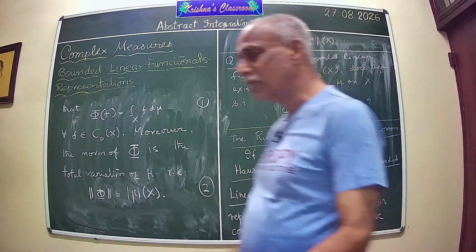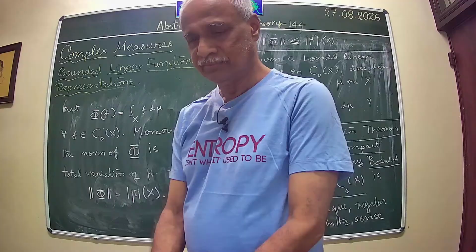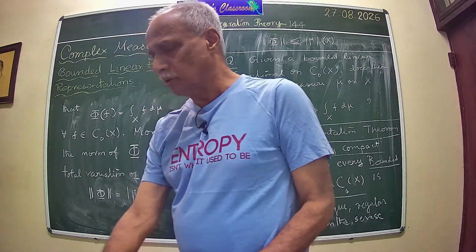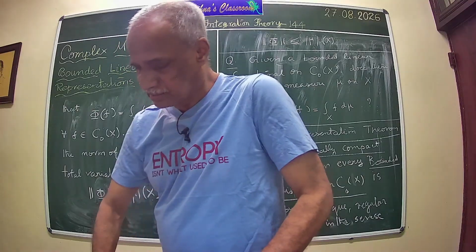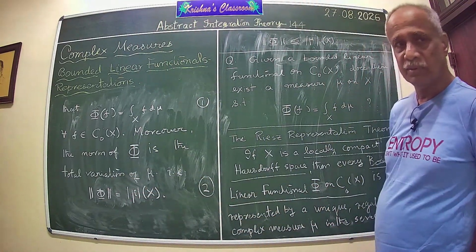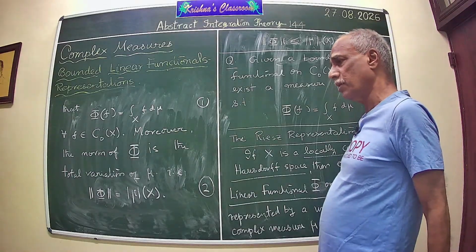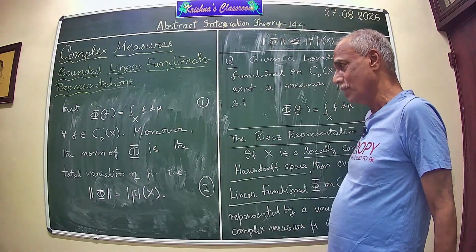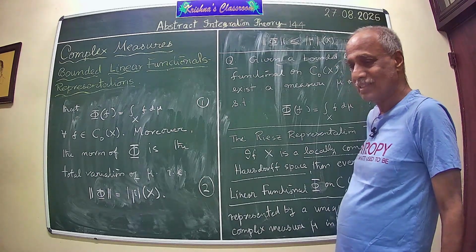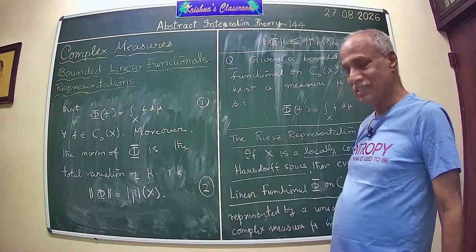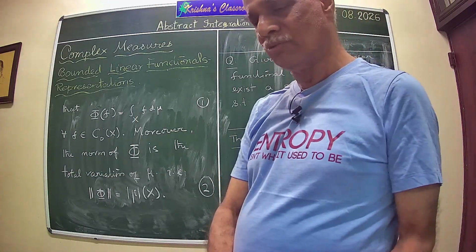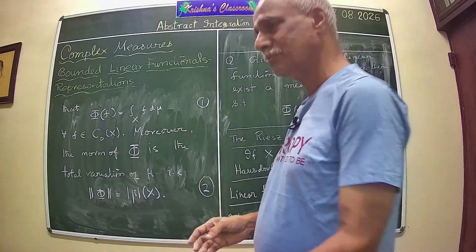And this is a unique representation theorem, a very powerful result, which not quite generalizes the previous representation theorem, because there we were talking about positive linear functionals and not necessarily bounded. Here we are talking about bounded linear functionals, and that is the situation when we deal with complex measures. I have also made a remark about this earlier.